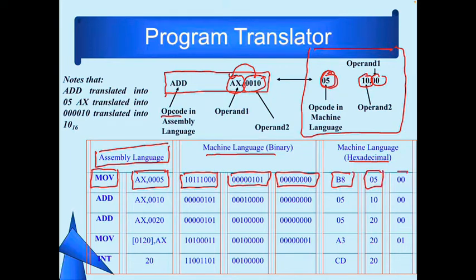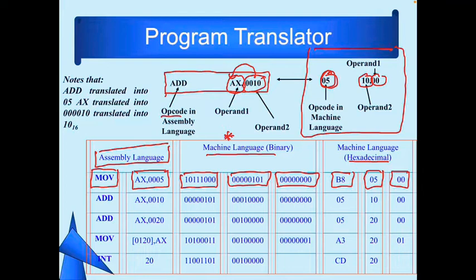So in this case, the real machine code here actually is machine language. This is what happens when you are using the program translator that we call the assembler. We will discuss the compiler in our next slide.